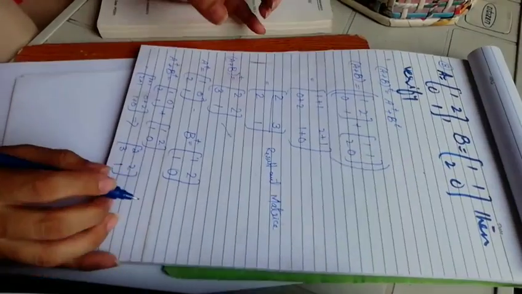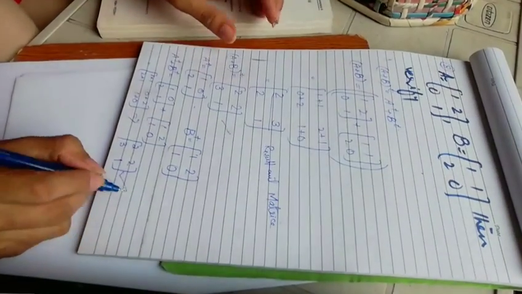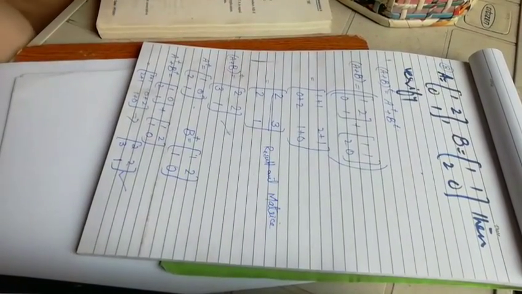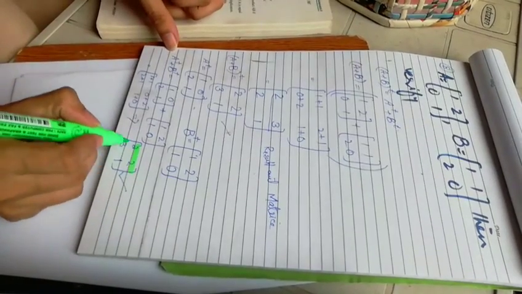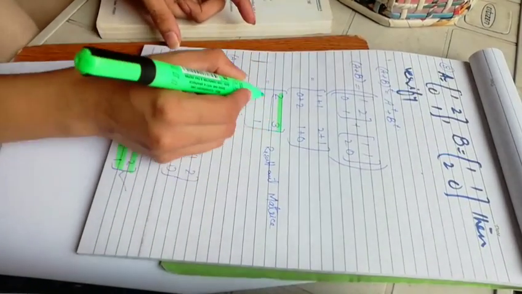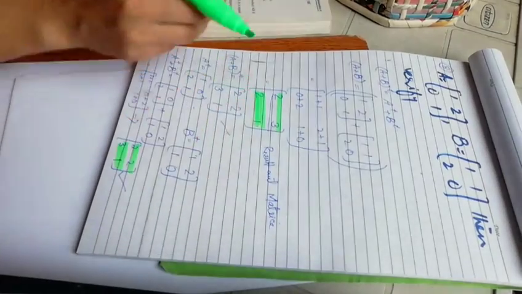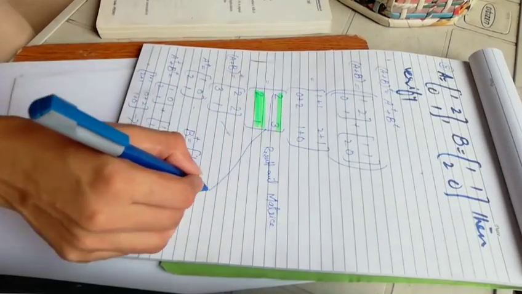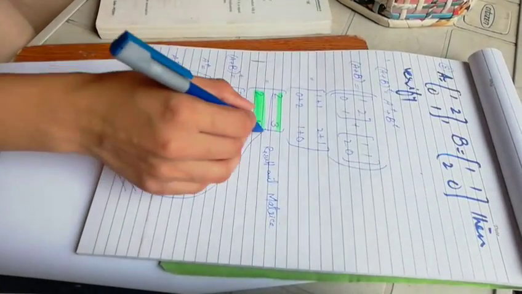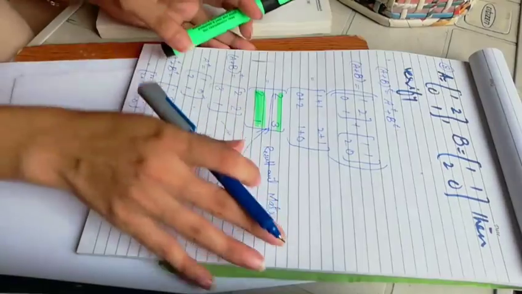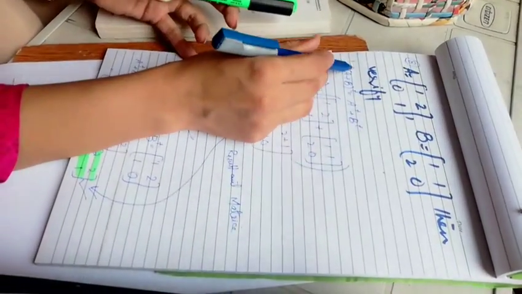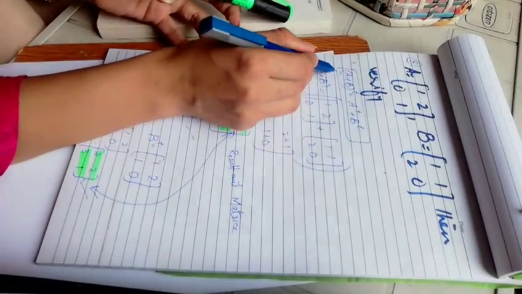Okay, the resultant matrix is this. Now what we have to check is whether these two resultant matrices are the same or not. So you can see that these two matrices are completely equal with each other. So we are done with our question, and it is verified that the left hand side is totally equal to the right hand side.